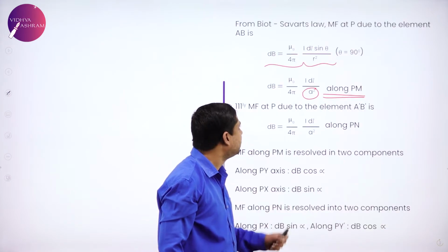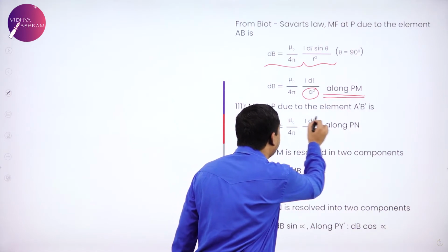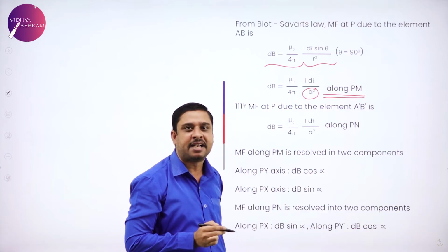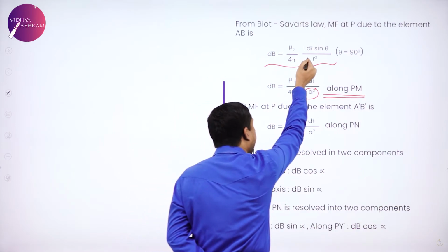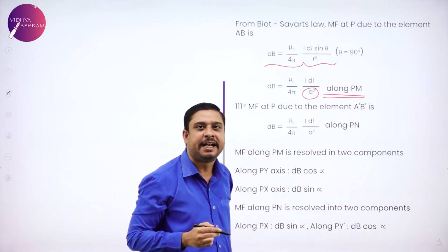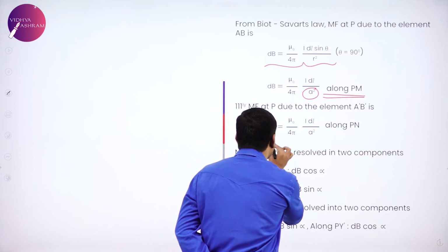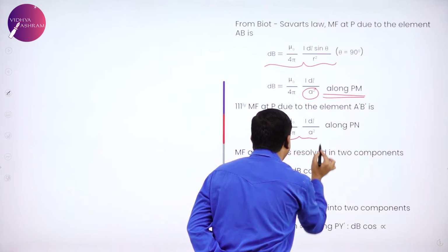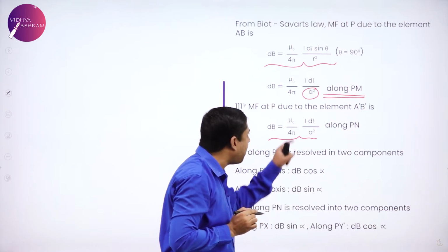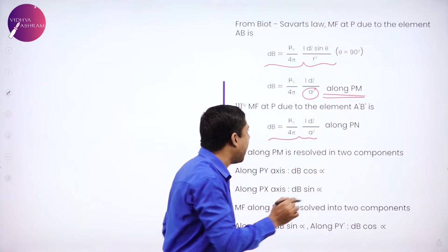Similarly, friends, magnetic field at P due to the element A dash B dash. Again the same application, again theta is 90 degrees, again the distance is A. So again the magnetic field dB equals mu naught by 4 pi IdL by A square.